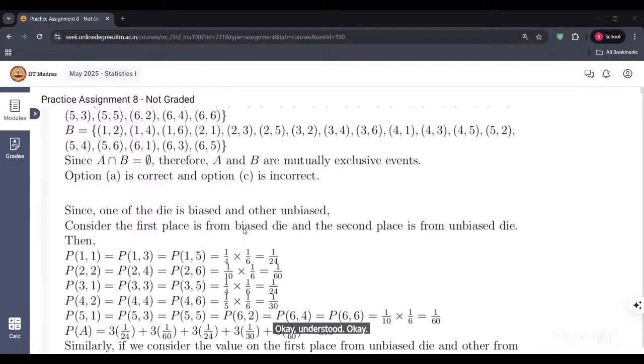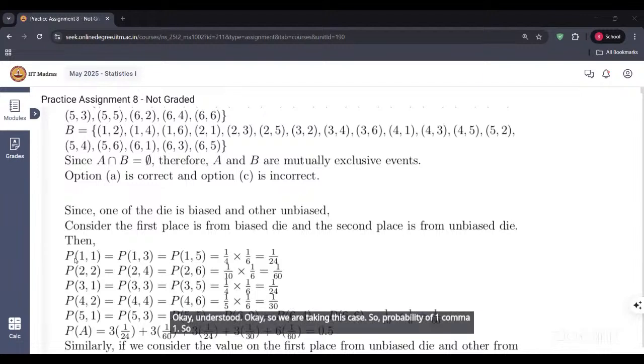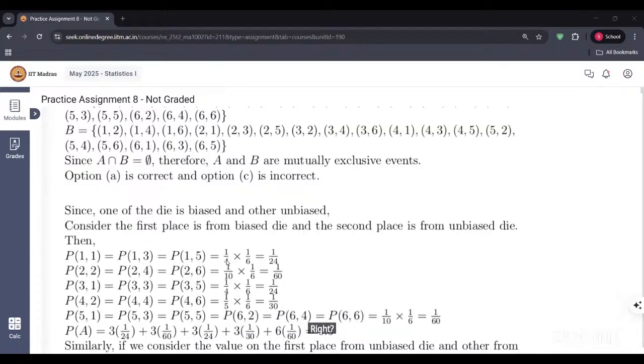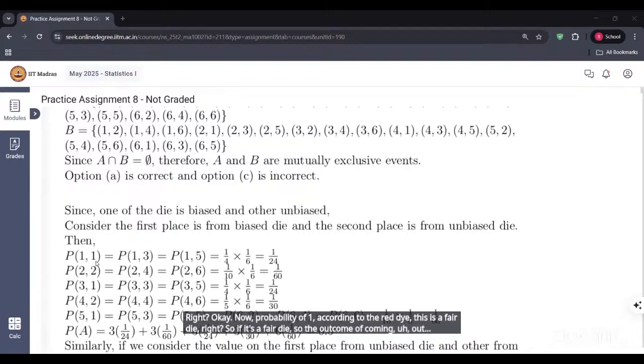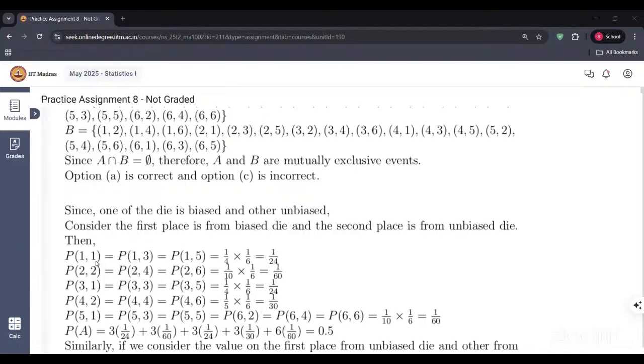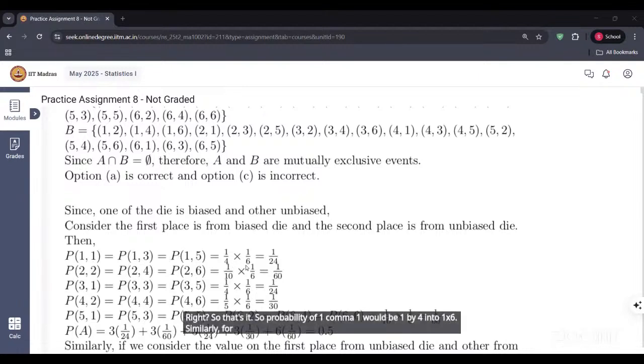Okay, so we are taking this case, the probability of 1 comma 1. The probability of outcome 1 is 1 by 4 according to the blue die, correct? Now the probability of 1 according to the red die, this is a fair die, right? So if it's a fair die, the probability of 1 is 1 by 6. So the probability of 1 comma 1 will be 1 by 4 into 1 by 6. Similarly, 1 comma 3 will be 1 by 4 into 1 by 6, and 1 comma 5 will be 1 by 4 into 1 by 6.